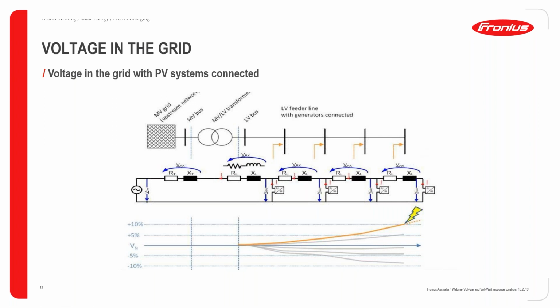And this is the reason why we have the Volt-Watt response mode and Volt-VAR response mode on Fronius inverters, and we'll show you how it helps at least reduce the effect of the voltage rise.